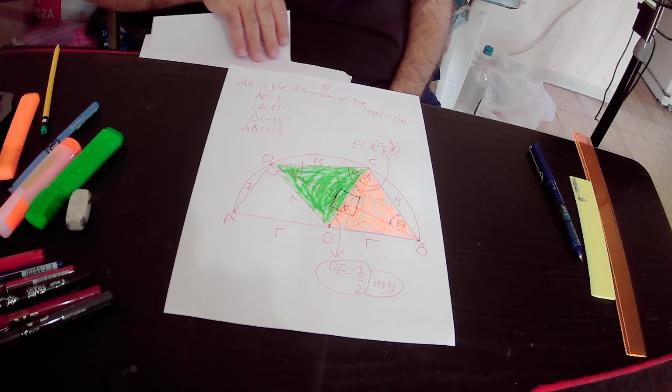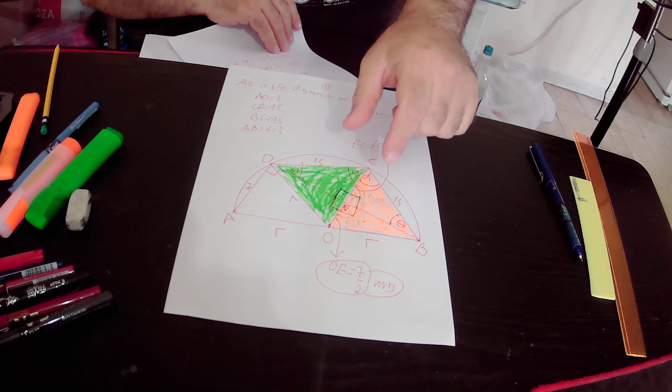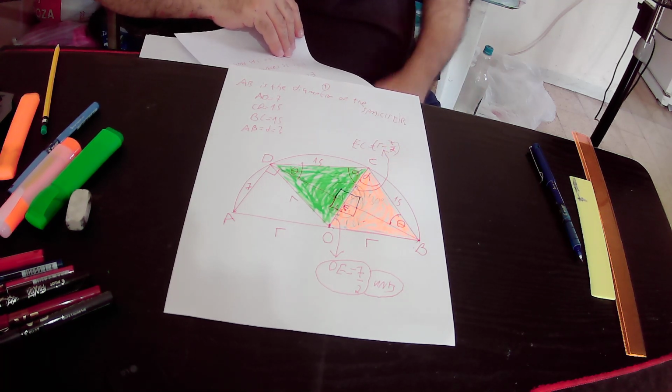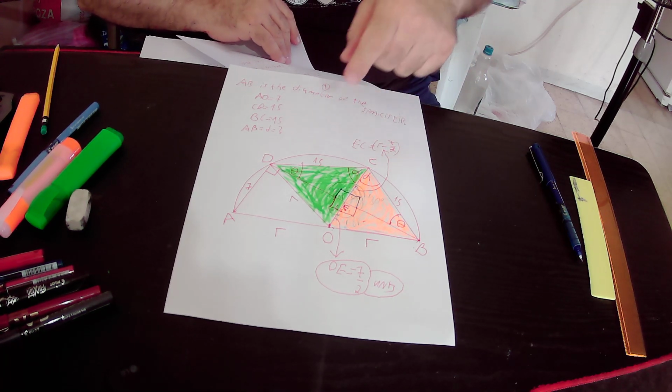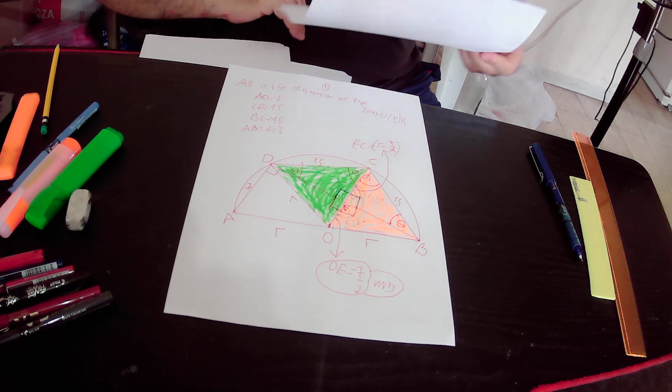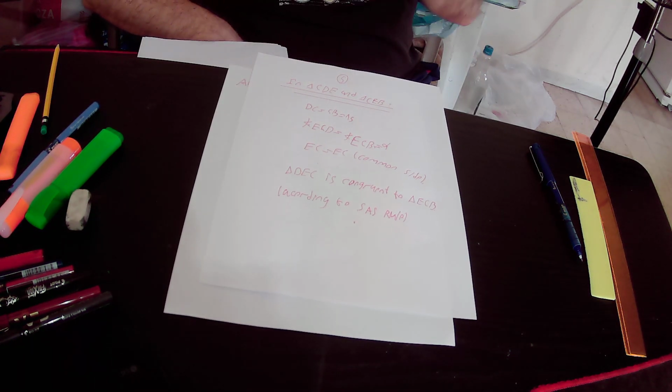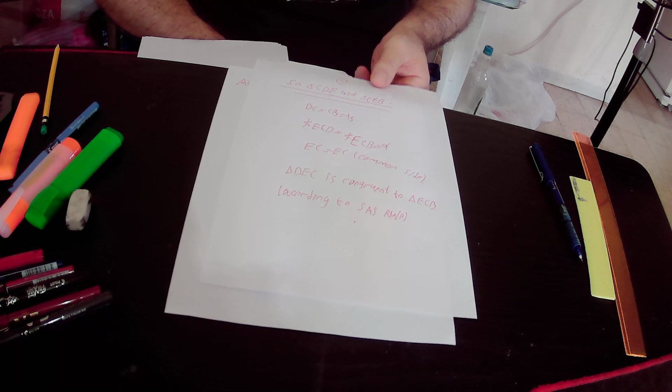Therefore, we proved that those two triangles are congruent according to the side-angle-side rule. The side-angle-side rule states that whenever you prove that two sides and the angle included of one triangle are equal to two sides and the angle included in the other triangle, then those two triangles are congruent according to the side-angle-side rule.